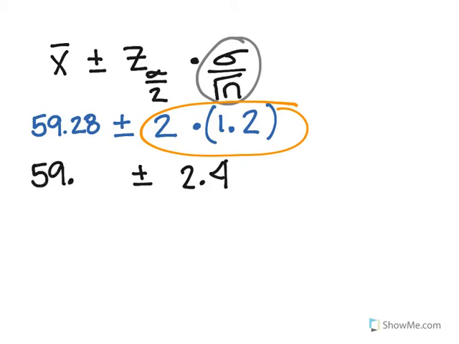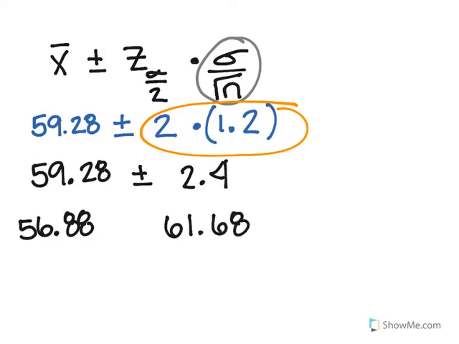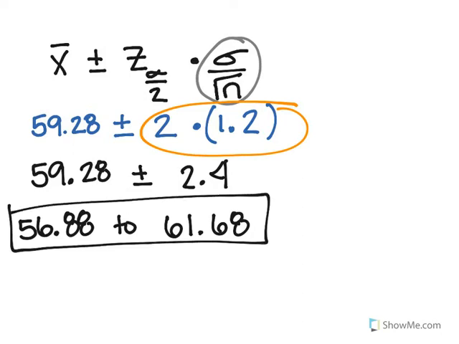Then we're going to add and subtract from 59.28. So if you subtract 2.4 from 59.28, you would get 56.88. If you add 2.4 to 59.28, you'll get 61.68. So our confidence interval would be from 56.88 to 61.68.